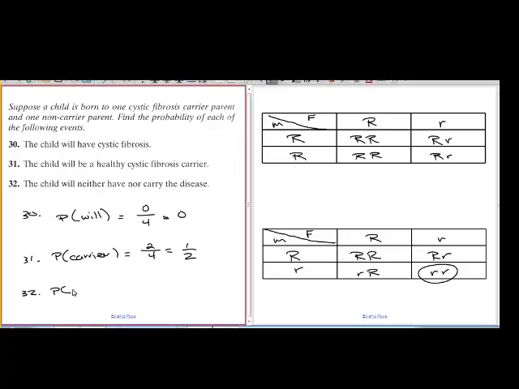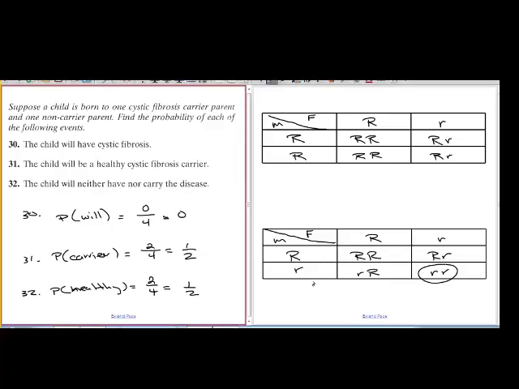And healthy means not a carrier, where you have 2 dominant genes, so 2 divided by 4 possibilities, which is 1/2.